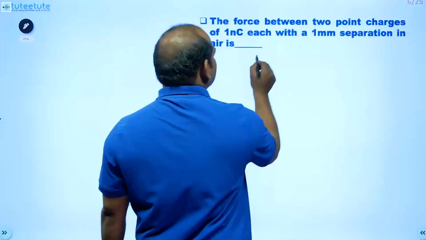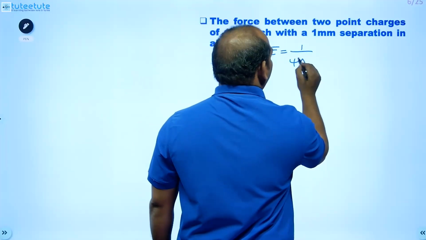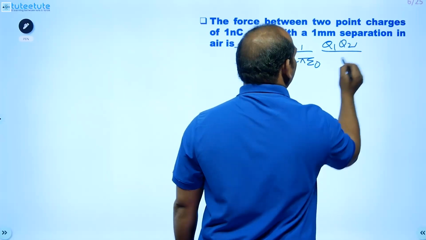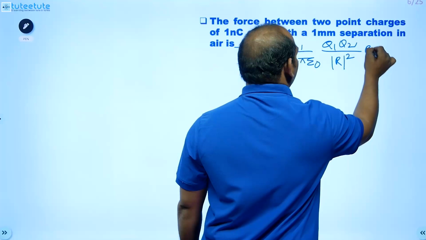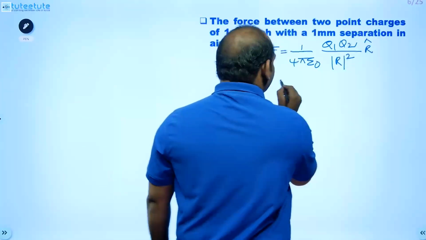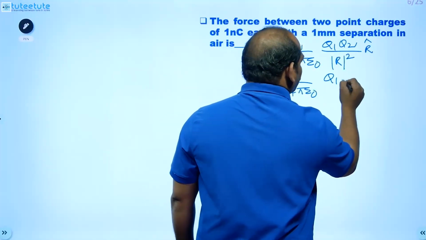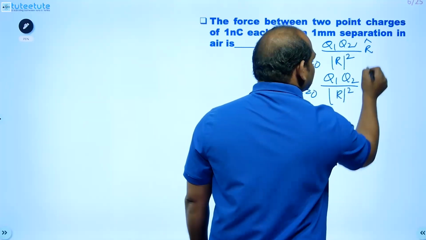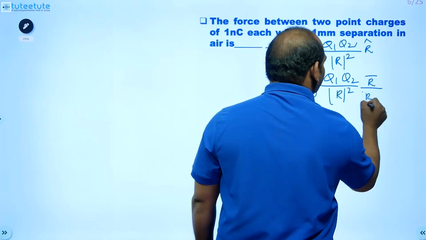Coulomb's law means F bar is equal to 1 by 4 pi epsilon naught, Q1 Q2 by magnitude of R squared into R cap. This R cap we can write in the normal form: 1 by 4 pi epsilon naught, Q1 Q2 by magnitude of R squared, and the unit vector written in vector form is R bar by magnitude of R.